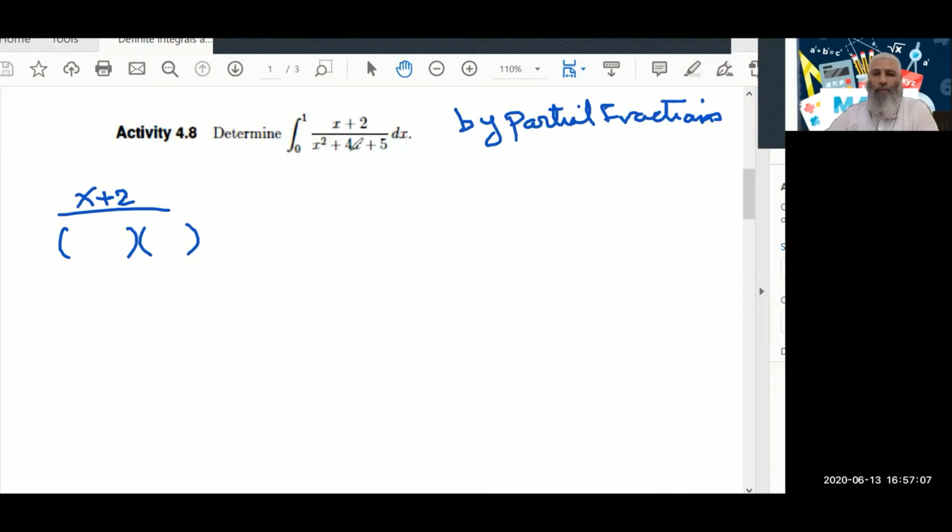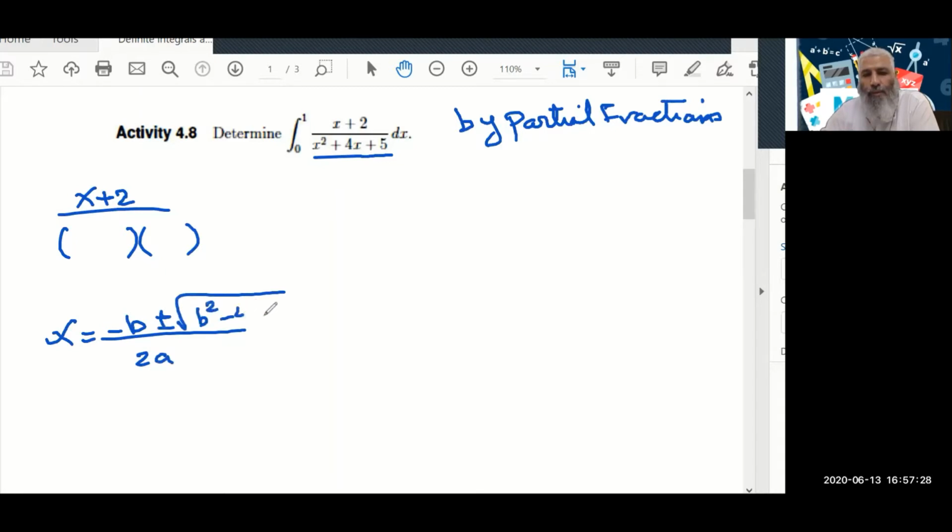X squared... but we cannot factorize this. To factorize this, we need to do it like this: x equals minus b over 2a plus or minus square root of b squared minus 4ac, where a is 1, b is 4 and c is 5.